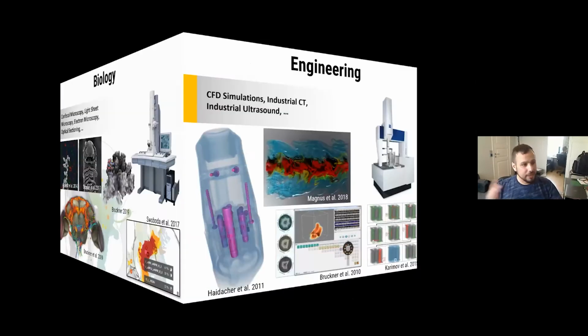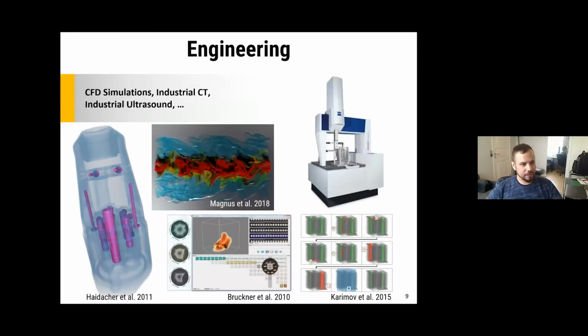But of course, in engineering, we have many of the same types of imaging modalities. There are industrial computed tomography and industrial ultrasound modalities. But of course, there's also the whole area of computational fluid dynamic simulations, for instance, in the aerospace or automobile industry, very important, where you are simulating multiple quantities over space, such as pressure, temperature, and so on.